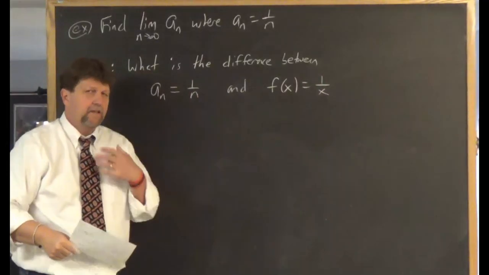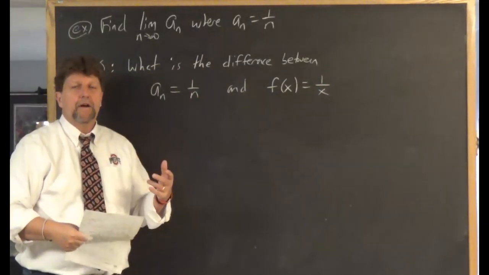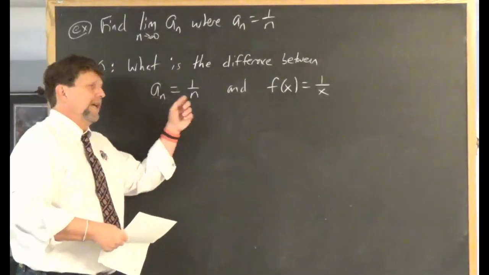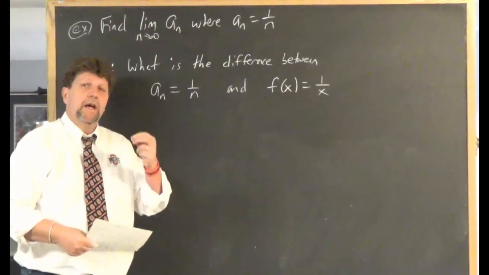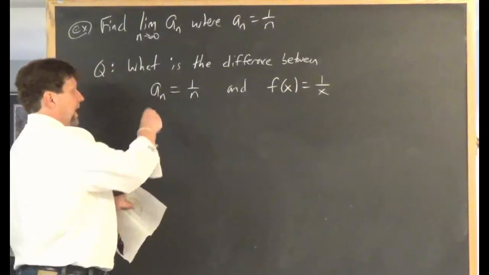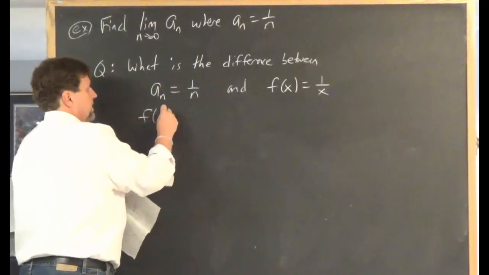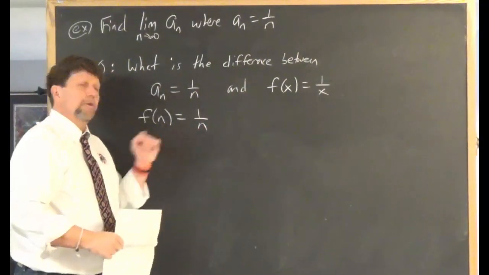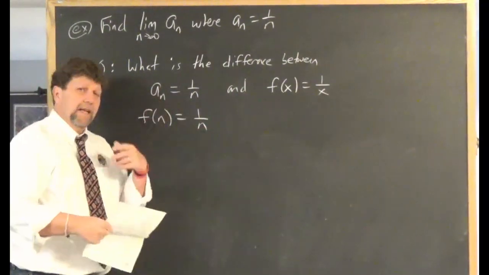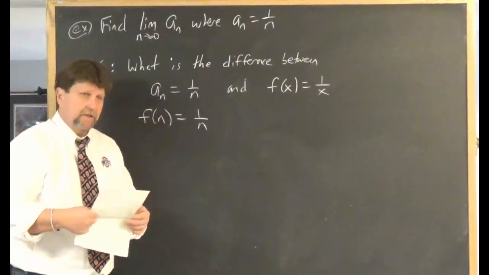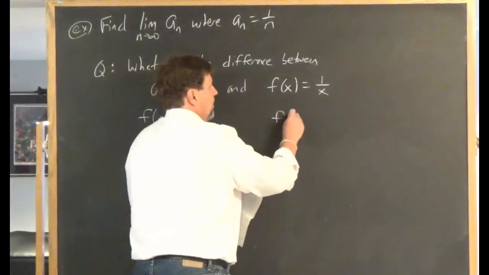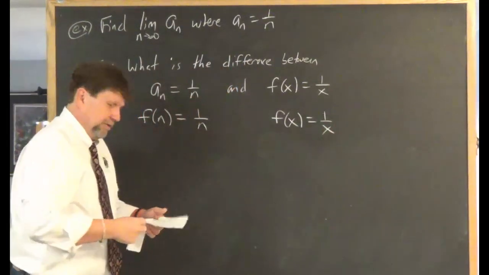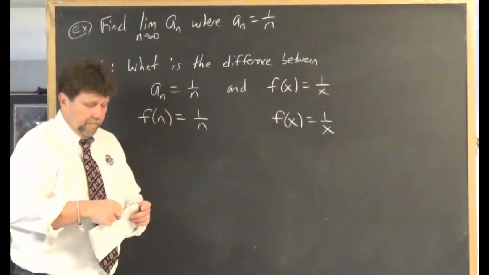And no, it's not just simply a difference of a variable. No, because that variable is really important. Using an n, we're talking about a function of positive integers. In fact, I could write this using function notation. F of n equals 1 over n. A sub n, it's a function of the positive integers. Here, f of x equals 1 over x, that's a function of the reals.